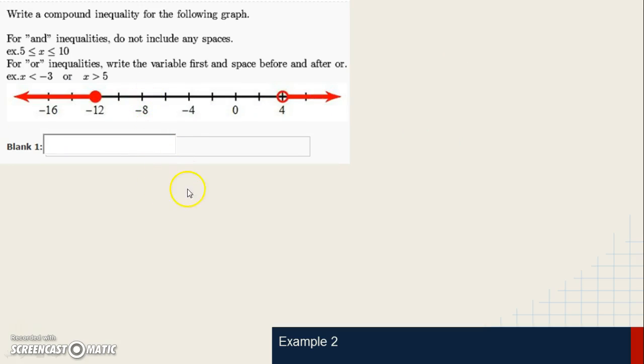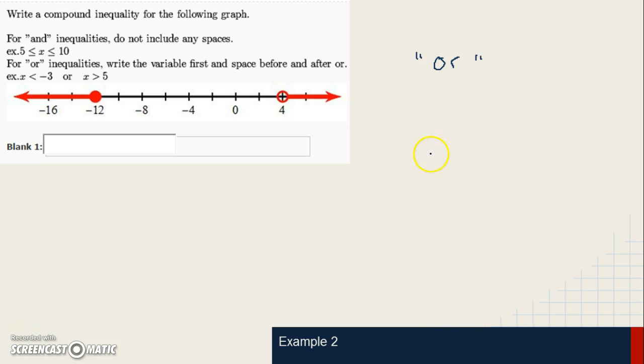Alright guys, example number 2. Here you'll see right away that the red line of the solution set is different than it was in example 1, meaning that the line is not connected, it's actually disconnected. If the line is disconnected, then you know right away that it's an OR compound.